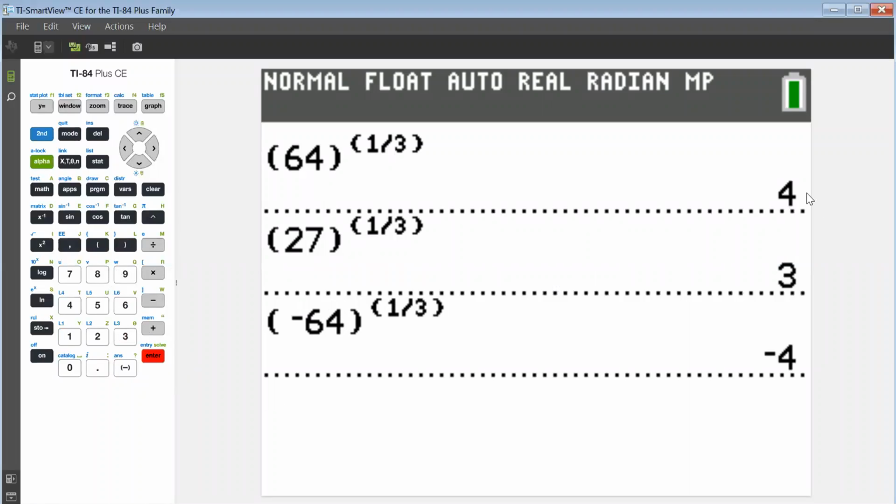So this just means that 4 times 4 times 4 is equal to 64, and the third root of 64 is 4. And 3 to the 3rd power is 27. So therefore the third root of 27 is 3. And negative 4 raised to the 3rd power would give us negative 64, and the third root of negative 64 is negative 4.